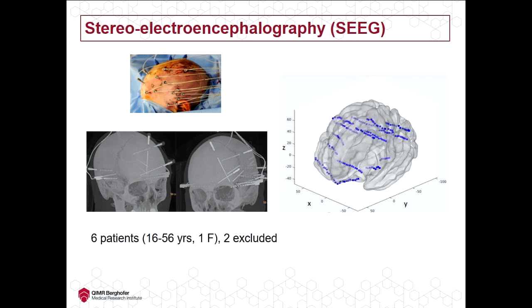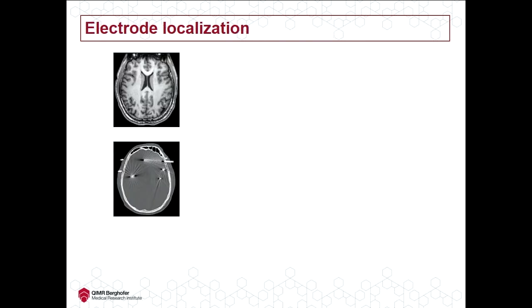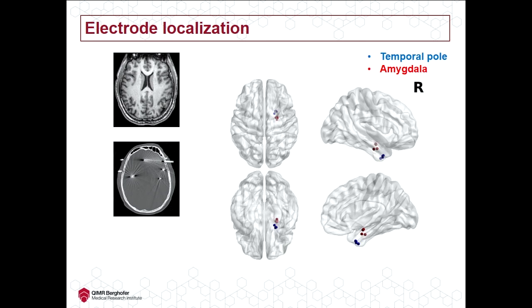We had 6 patients in this study, and we tested them on a cognitive paradigm. To localize the electrodes, we used a preoperative MRI scan and a postoperative CT scan. You can see all the channels in the CT scan in the bottom image. And then these were co-registered into MNI space, giving us the electrodes that we were interested in.